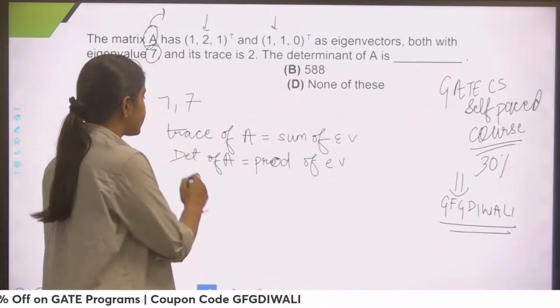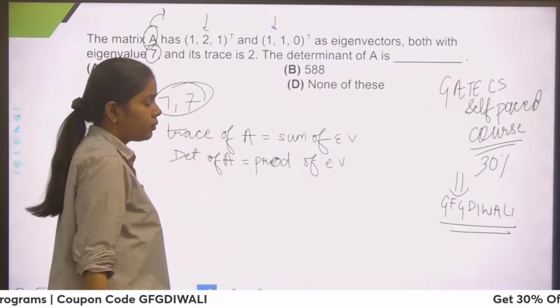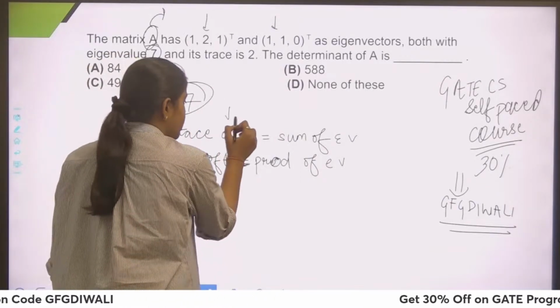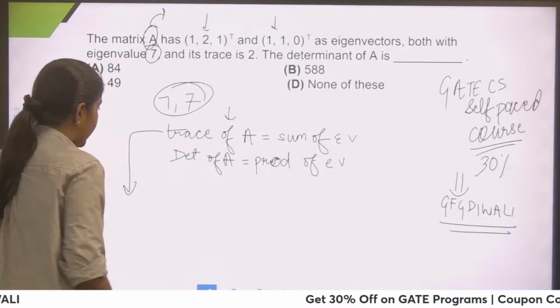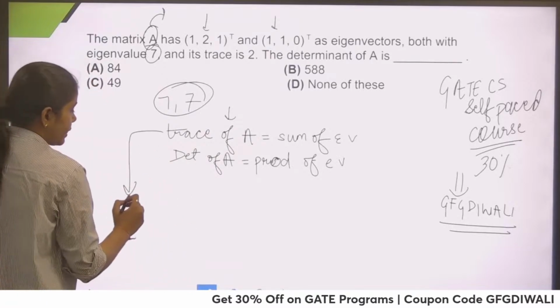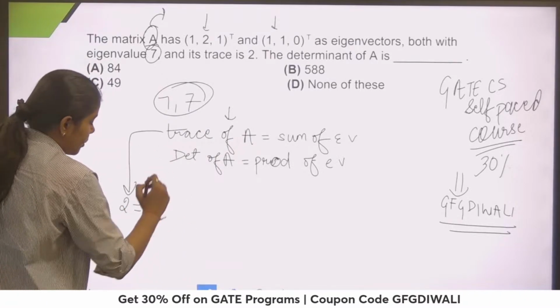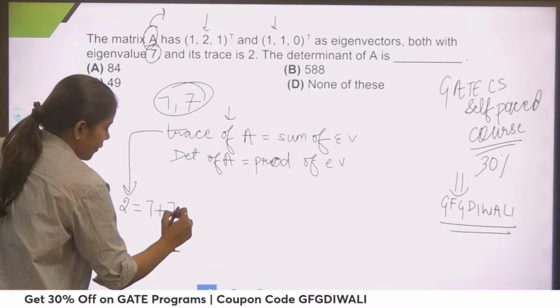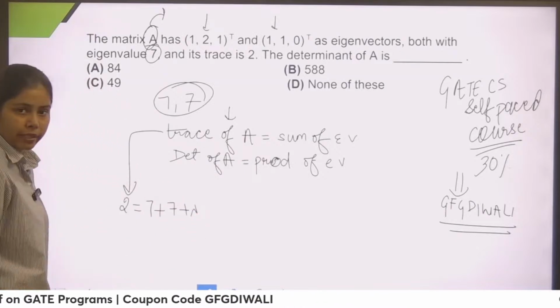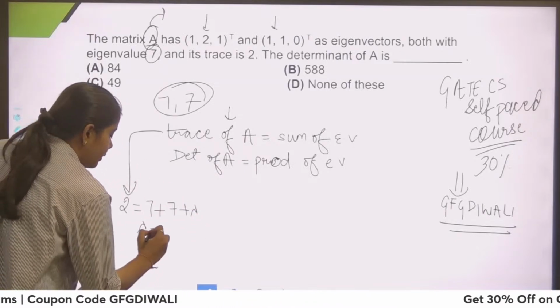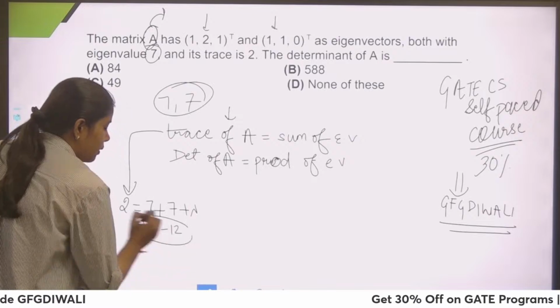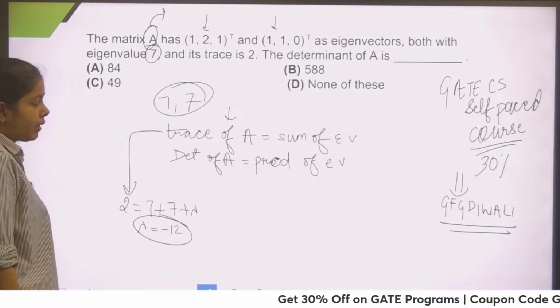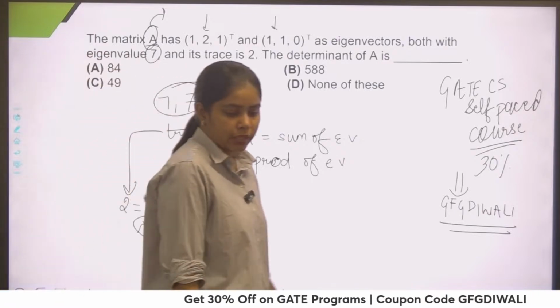So if A has 3 eigenvalues, 2 eigenvalues I already know. The third eigenvalue I can find out using this formula. So I can write down trace of A, that is given to me as 2, equals the sum of eigenvalues: 7 plus 7 plus another eigenvalue, let's take it as lambda. If you solve, you would get minus 12, right? That's the third eigenvalue.